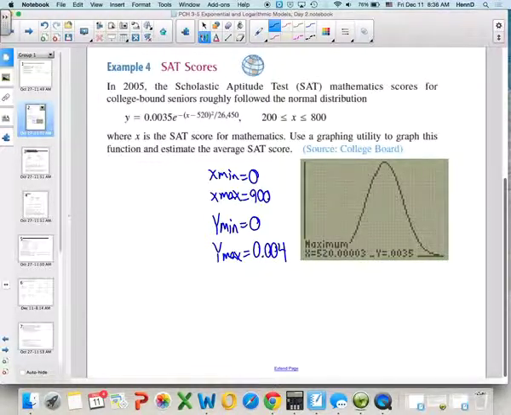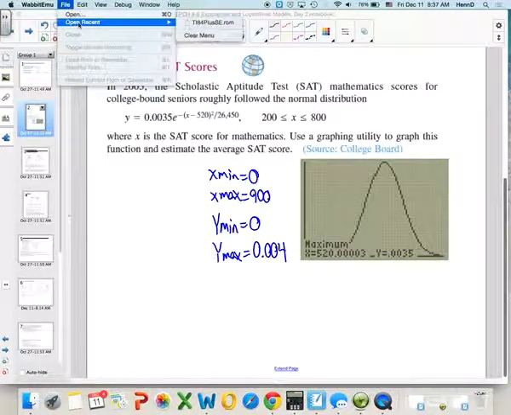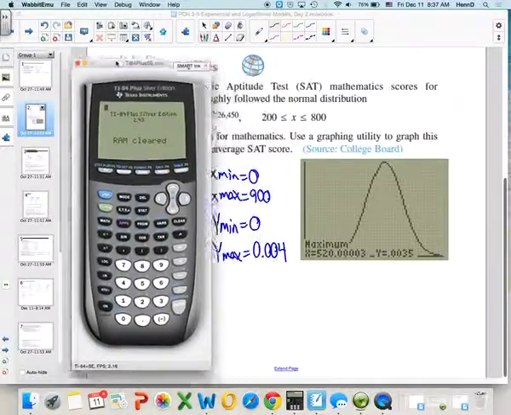Notice this is just going to 4/1000ths in order to see it. This is where using box zoom might be helpful, because it's not easy to find if you're not thinking about the function itself.